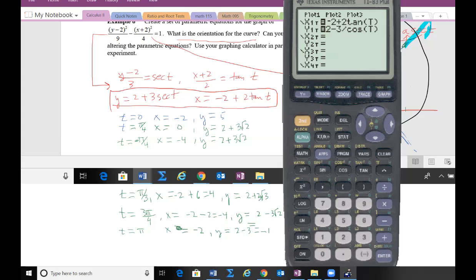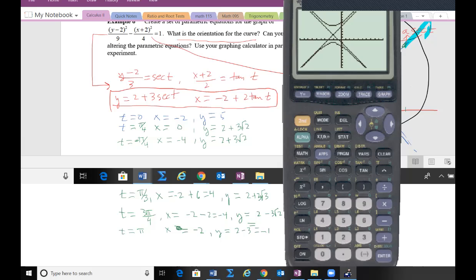Let me just go in here, just alter something and then have it regraph. This time it kind of did the second part first and then it finished. So it kind of reversed it a little bit. But it has the same orientation. It didn't change the orientation. All right, so let's go ahead and change something else.